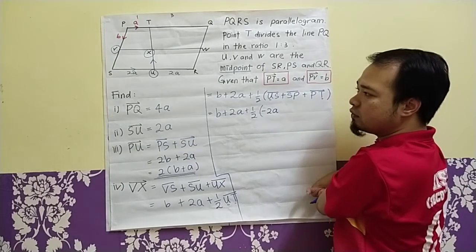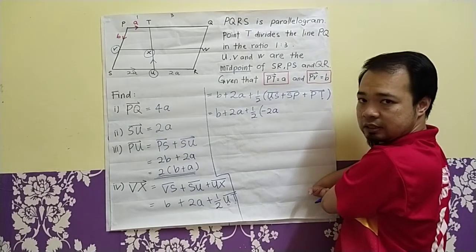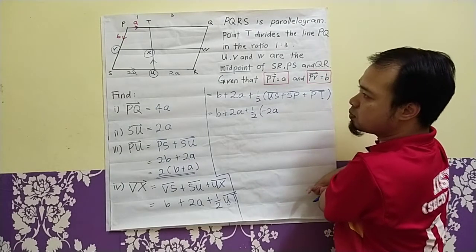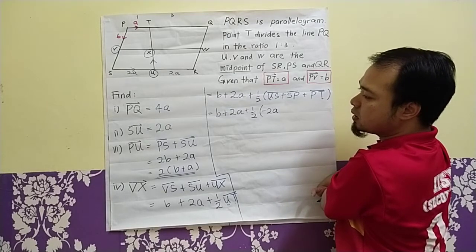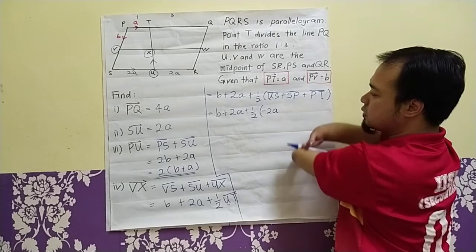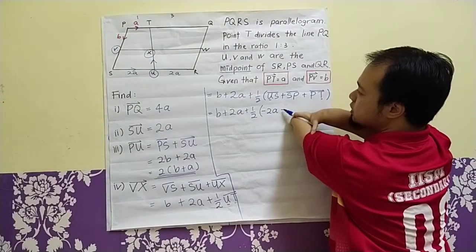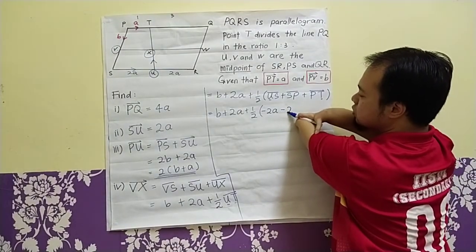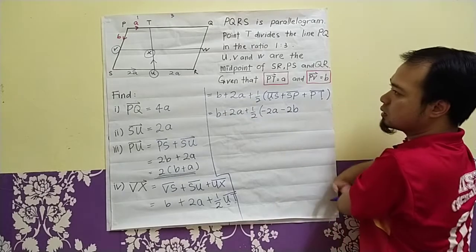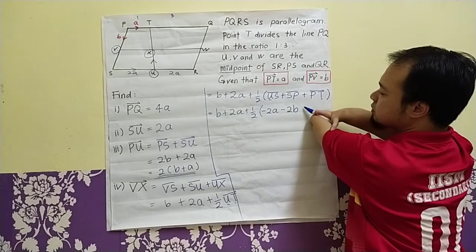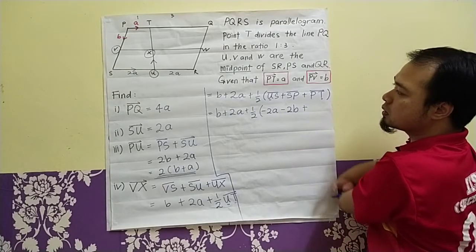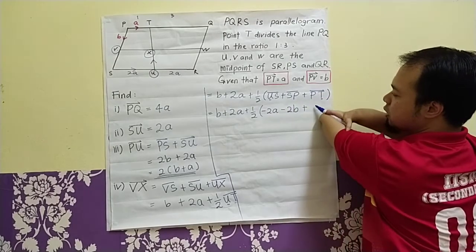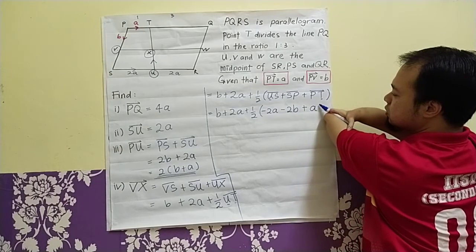Why negative? Opposite direction. Then SP. How much is SP? SP is opposite of PS, so it's going to be minus 2b. Plus PT. What is PT? It is given here. PT is equal to a. So I will put a.